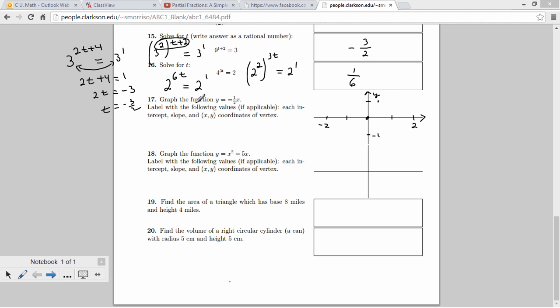Now again, in a calculus question, there might be more attributes available that you need to plug into the problem to get a good picture. But from what they're telling me here, I know it goes through the origin. I know it has a slope of -1/2. So if I rise 1 and run -2, I know it's going to go through this point over here. It's going to go through -2, 1. And likewise, it's going to go through +2, -1.